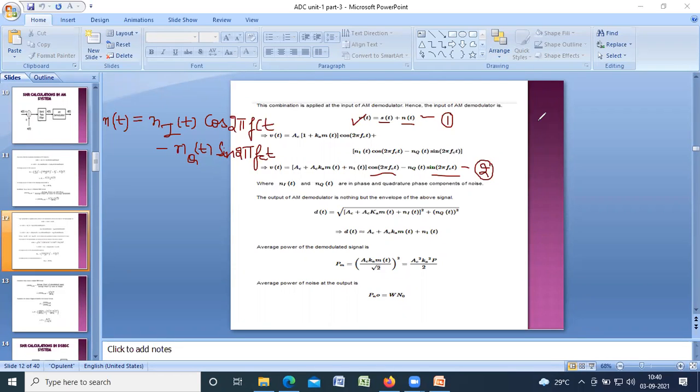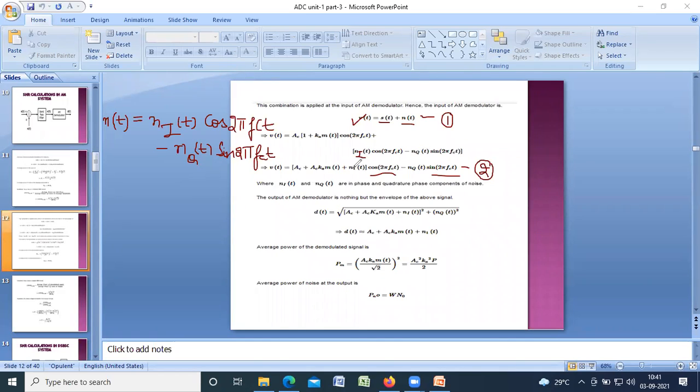Put the values. It's nI(t), not one, it's nI(t).